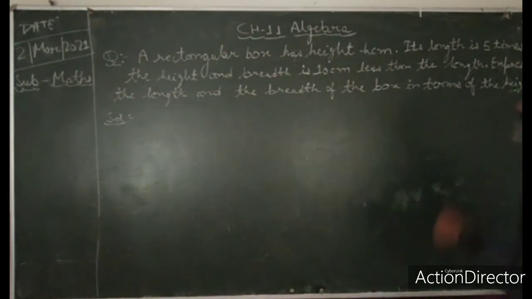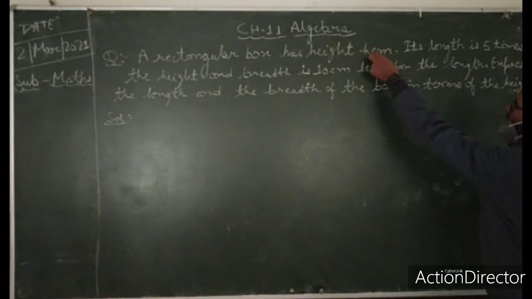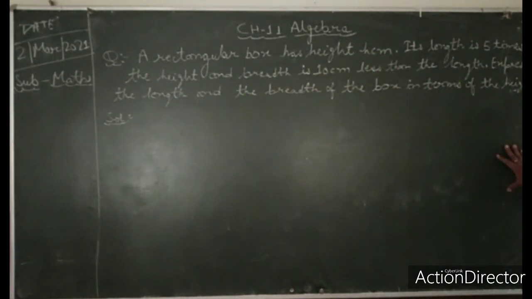Okay, so the question is: a rectangular box has height h centimeter, and its length is 5 times the height and breadth is 10 centimeter less than the length. Express the length and the breadth of the box in terms of height.